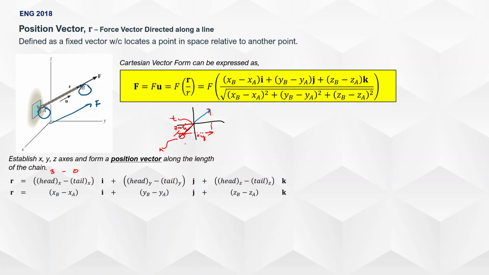Ito naman yung ry. And sabihin natin ito ay 4 meters. Okay? And kung ilalatag natin dito, it's still from the positive y-axis. So, 4 meters from the point of origin. So, 4 minus 0. This is not always the case, but in this particular example, ganon.